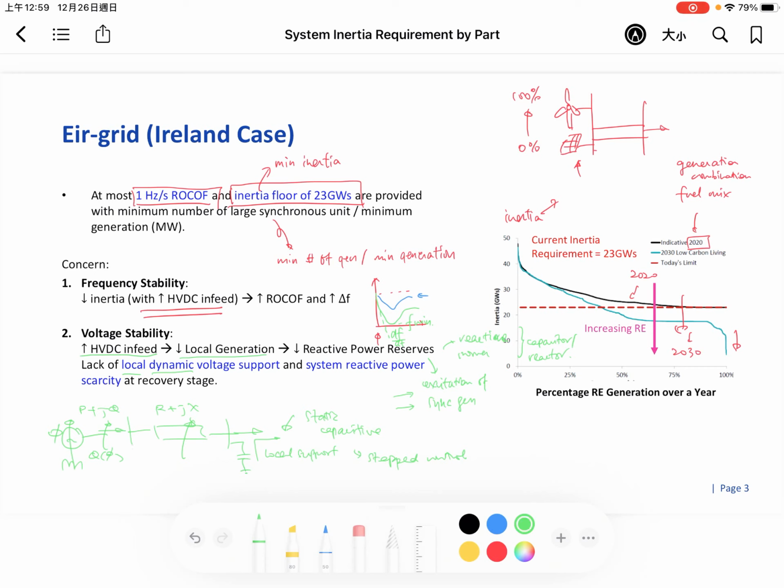So the flux can be controlled and the support can be dynamic. We can just see how much the voltage drops, and we try to provide more and more flux.